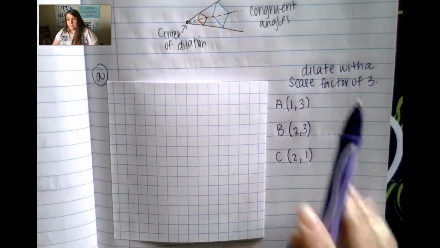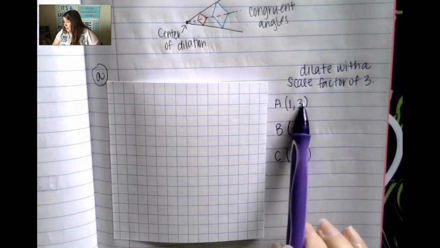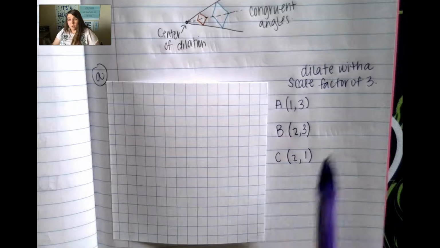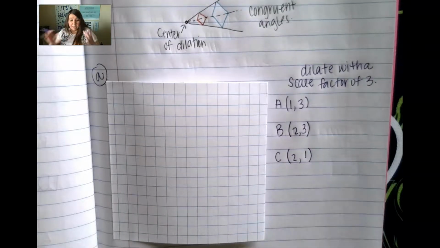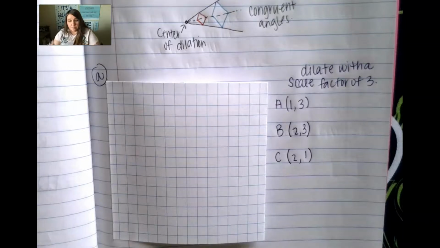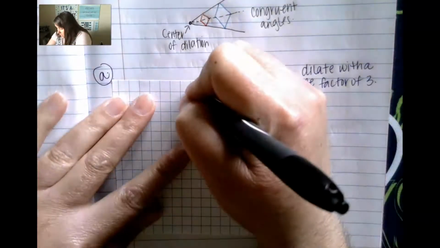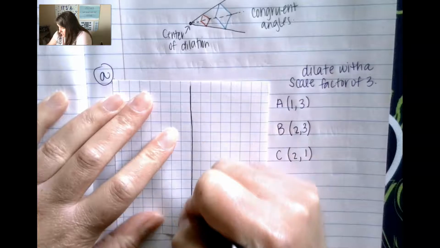So what this means is that we're going to take our original points and we're going to multiply them by 3 to get an image that is bigger. It will preserve the angle measures by doing it that way, so that our images are still congruent.